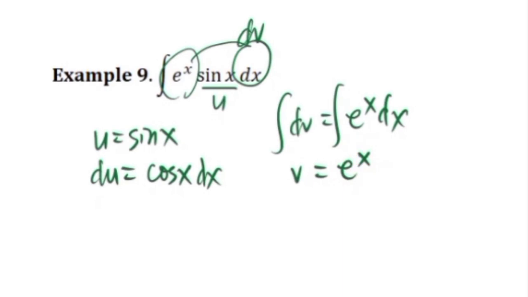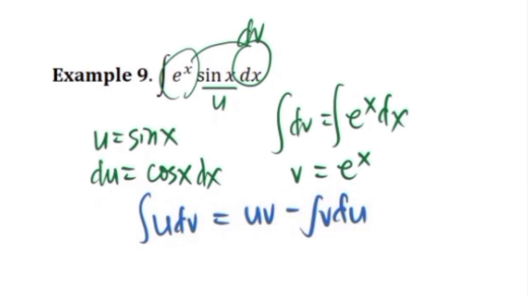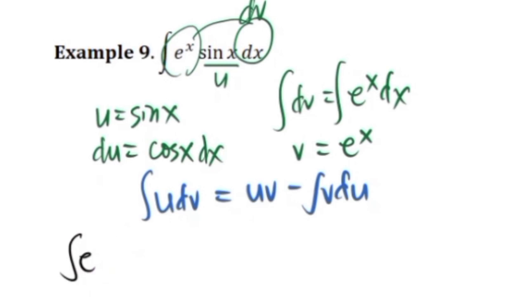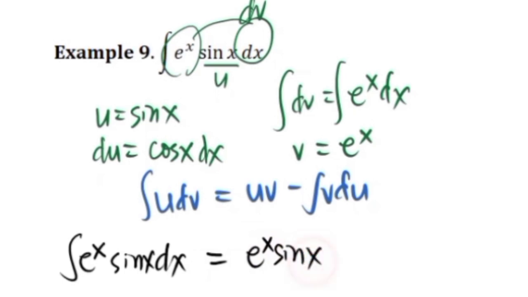So applying the formula, we have the integral of u dv is equal to uv minus integral of v du. So we have the integral of e to the x sine x dx is equal to uv, so that's e to the x sine x minus the integral of v du, so that's e to the x, du is cosine x dx.